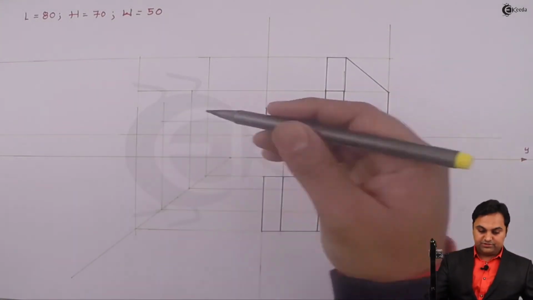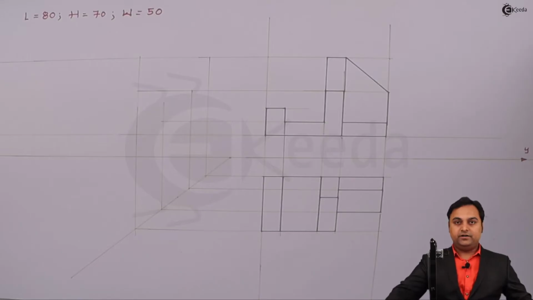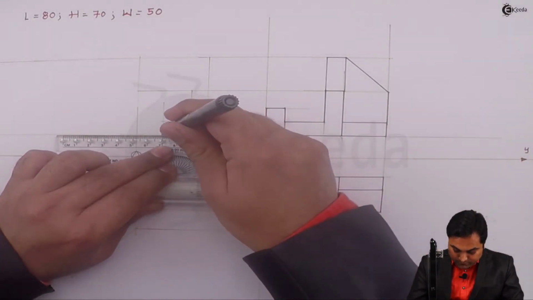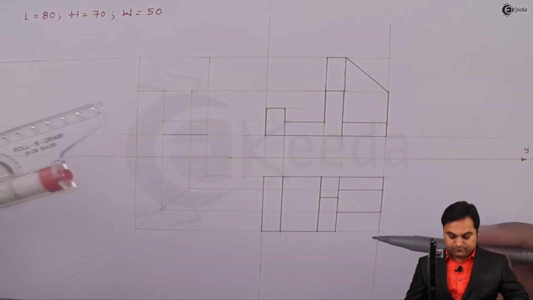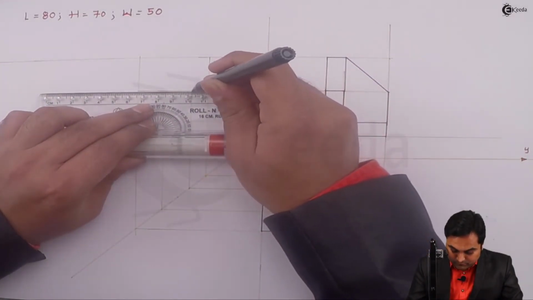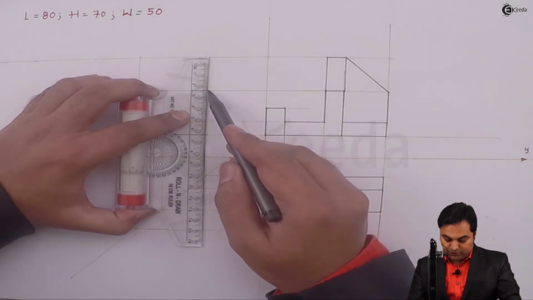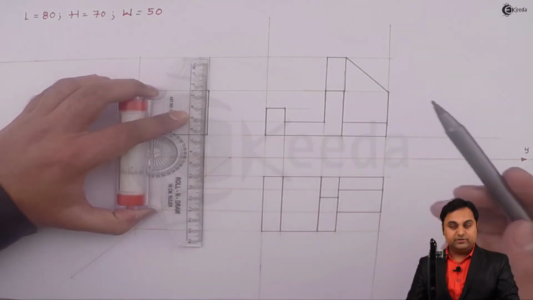So this is the portion which is visible. I'm making it dark. So I'm making this portion dark, which is the visible side view.